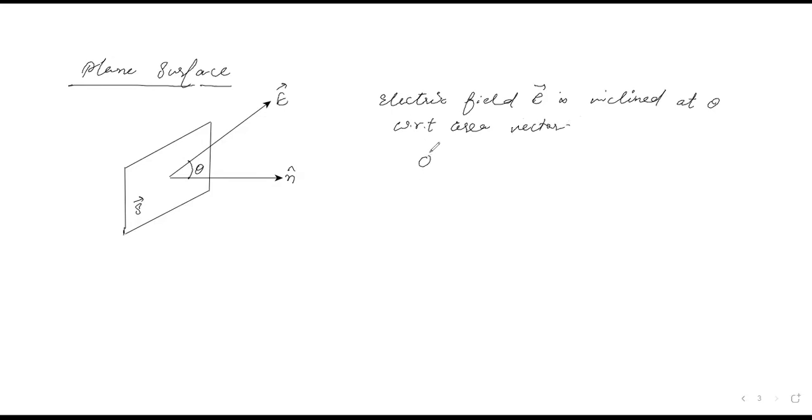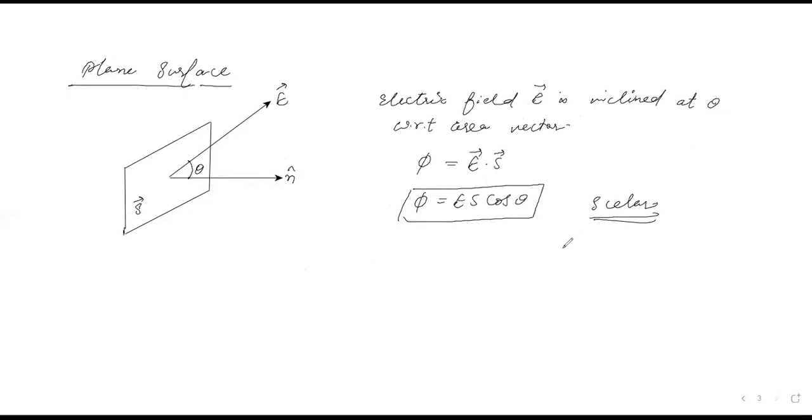Then we can write phi is equal to E dot S. The angle between E and S is theta, so phi is equal to ES cos theta. This is your flux passing through this area S. It is a scalar quantity.